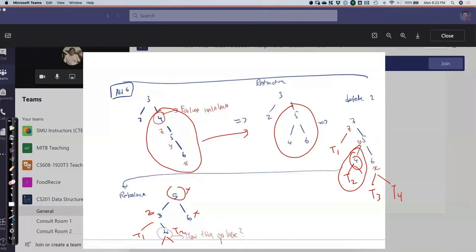But it's not just 4, it's a whole subtree, everything on the left of Y. Then Y is just going to transfer it to the right child of Z, so that it's still going to preserve the in-order traversal. Is that okay? Yeah, I think that's okay, Prof. Thanks.